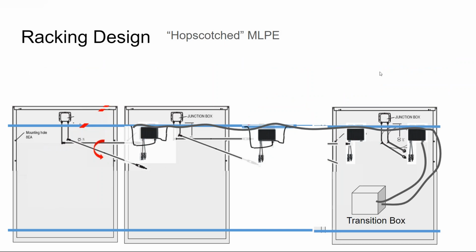And so for the most part, your cable is tucked away inside of your railing, and then we go into a transition box into the house for an internal conduit run through the rooftop.